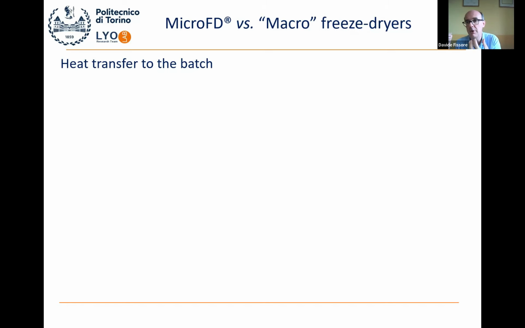If the rate of heat supply is higher than the rate of heat removal, then we are giving the product too much heat, and the result is that the temperature increases and may overcome the limit temperature. So the heat transfer to the batch is a key point that has to be considered.